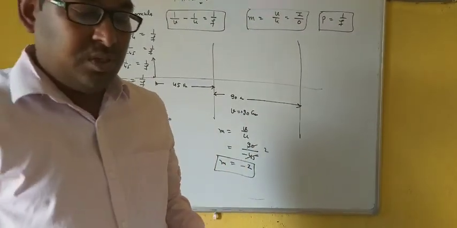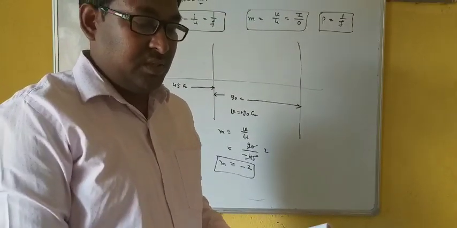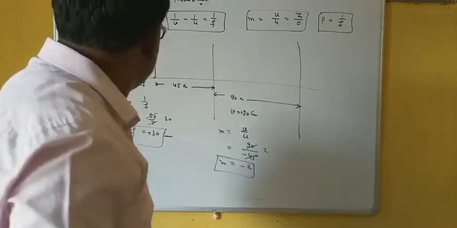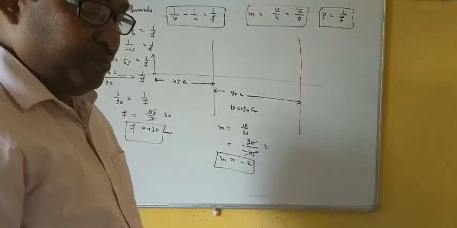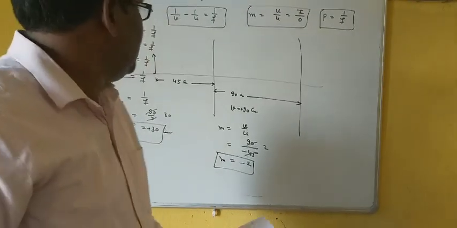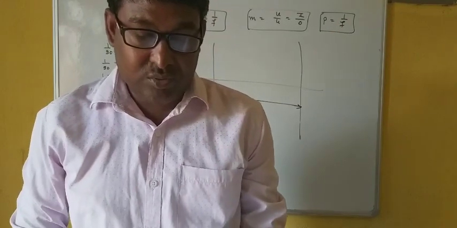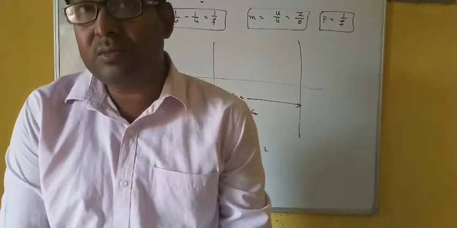So what is your answer? The kind of lens is a convex lens, the focal length of the lens is 30 centimeter, and the magnification of the image is minus 2. I hope it is quite clear. Now one more numerical at least.